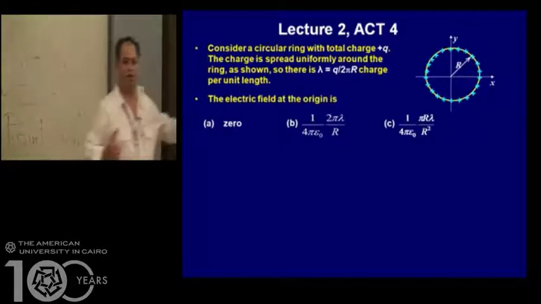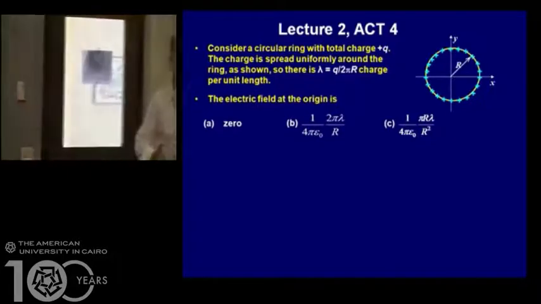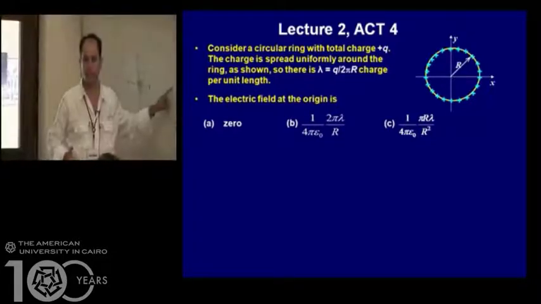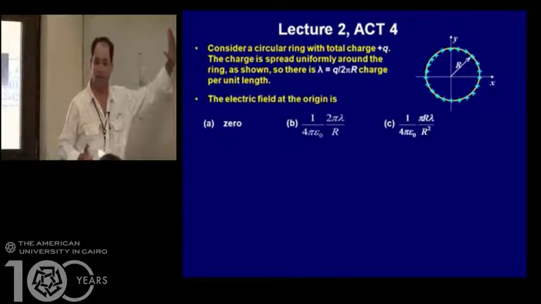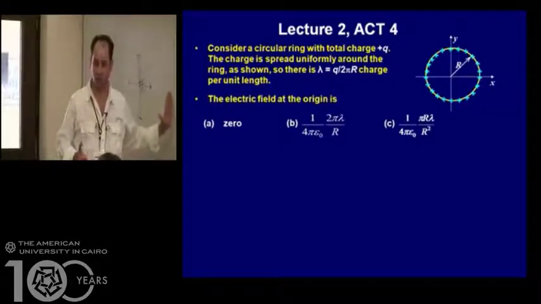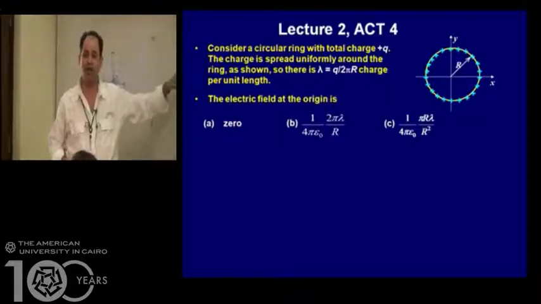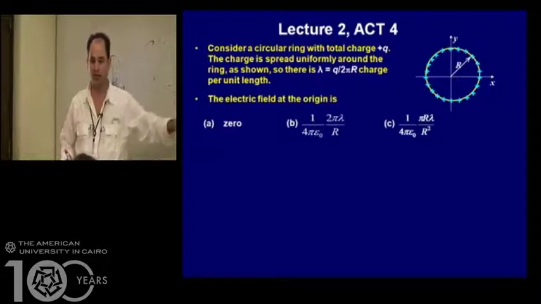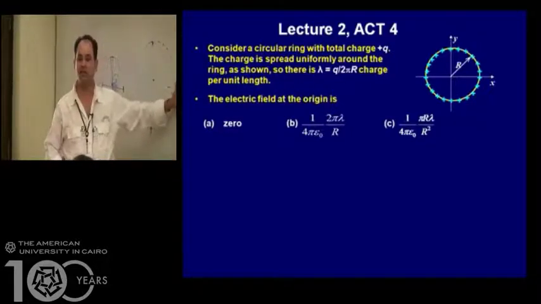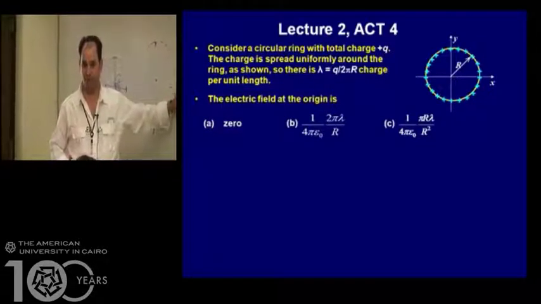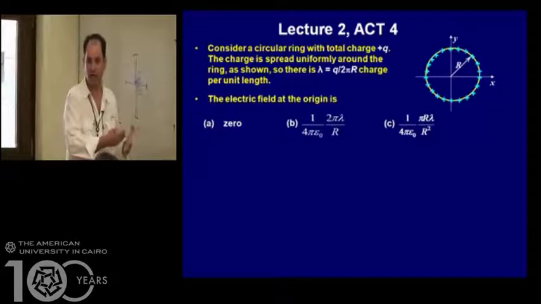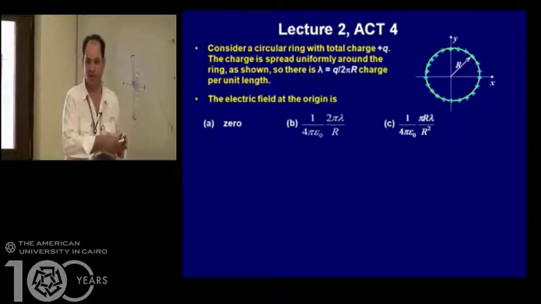I don't want to solve that problem again because we solved it last time. It's exactly the same thing that we did for the semicircle, but instead of integrating from 0 to 180, we'll integrate from 0 to 360, and that integration will give you 0. 0 multiplied by a constant will give you 0. But I'm just trying not to go over it again, unless you want me to.